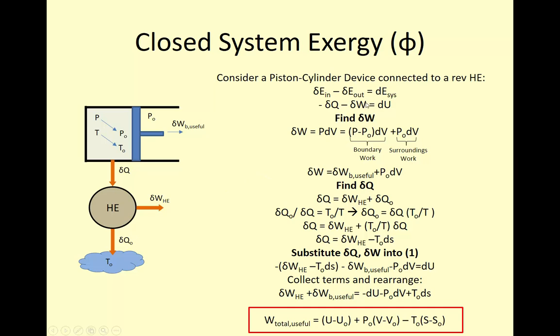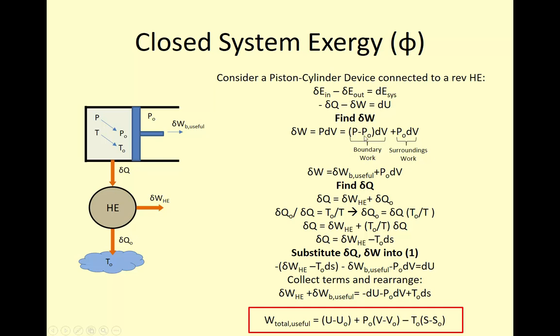So first we want to find this term, del W. So if we look at this boundary work that's ongoing, it's equal to PdV. But there's two components to it, because we have some boundary work within our system as it goes from P to P0, and we also have some boundary work that's occurring outside our system at a constant pressure of P0. So there's work to move this atmospheric pressure, and then there's also work that's being done in the system as our pressure is going from the system pressure initially to the environmental pressure.